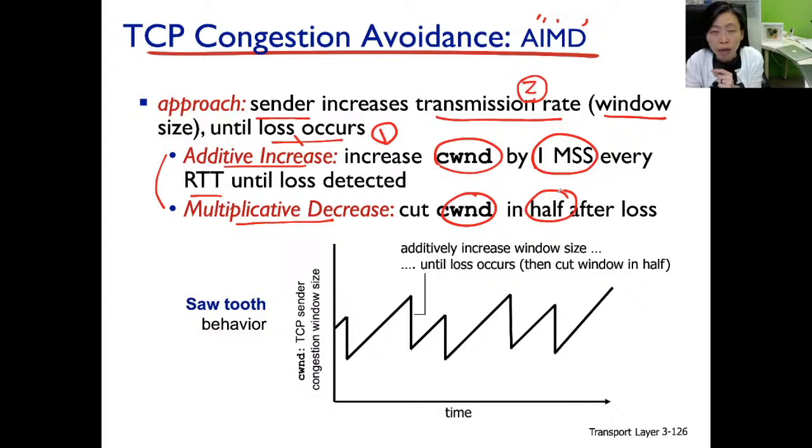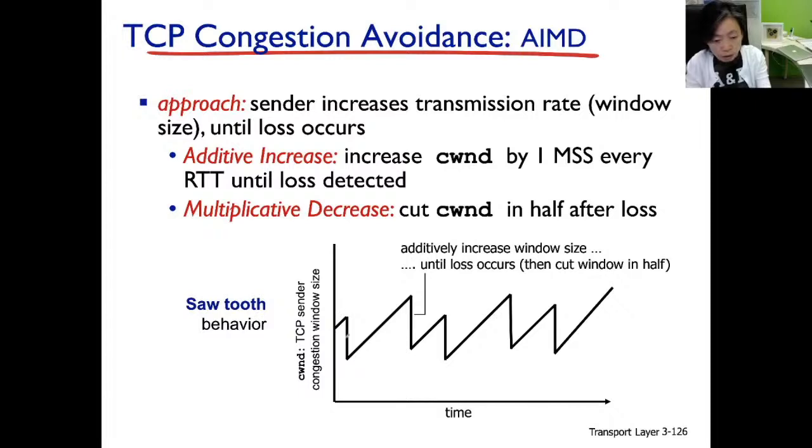So you see the increasing part is slow and linear. The decreasing part is drastic, multiplicative. So additive increase, multiplicative decrease. Linear increase, multiplicative decrease. So if I show the sending window here over time, we'll see when there are no losses, the window size is going to grow linearly.